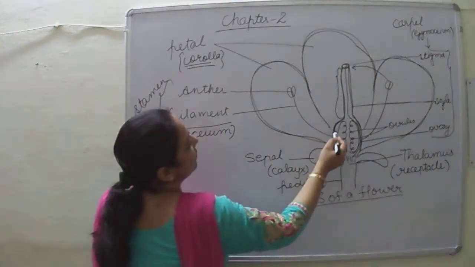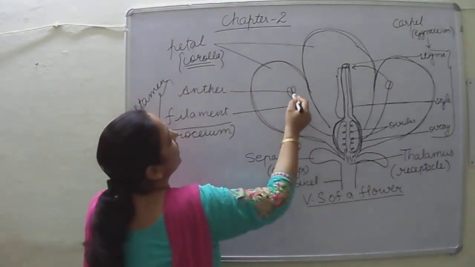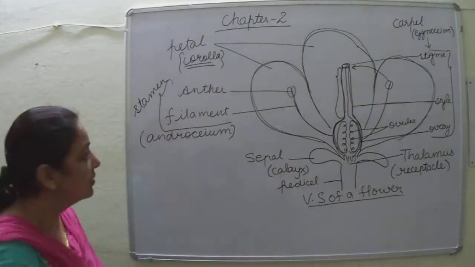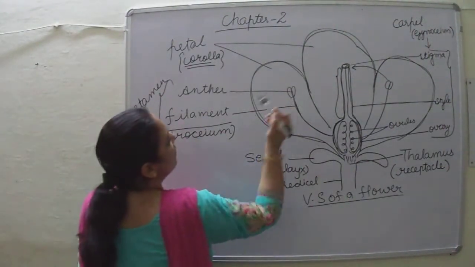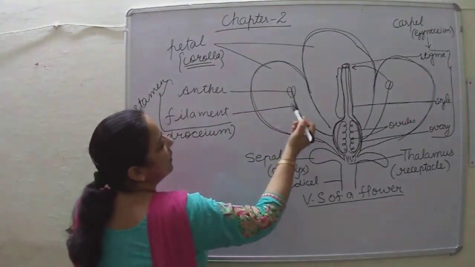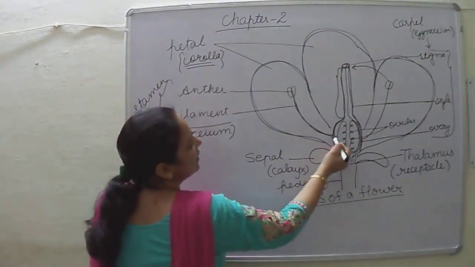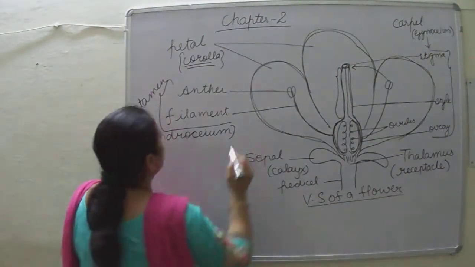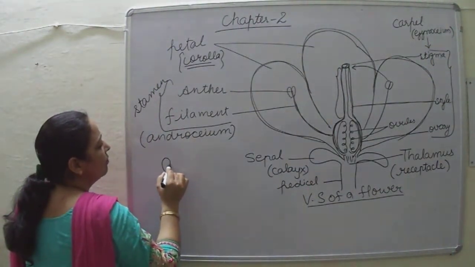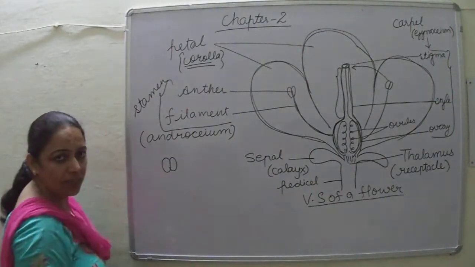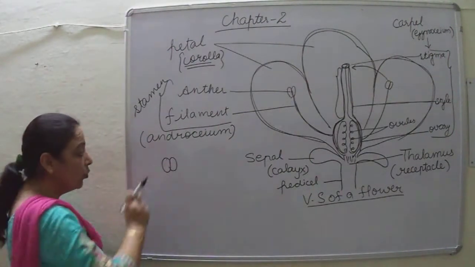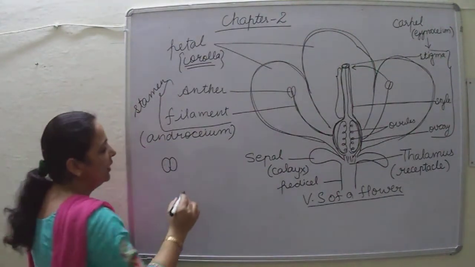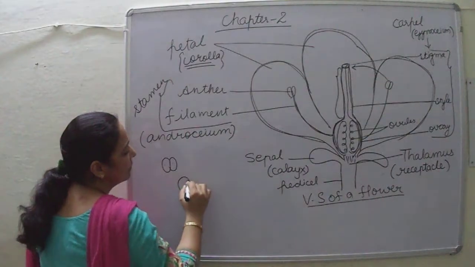Next, come to this part. This is the male part of the flower, known as the stamen. It consists of anther and filament. The filament attaches the anther to the flower. And this is the anther. The anther looks bilobed from outside, meaning two lobes, but actually it has four lobes.